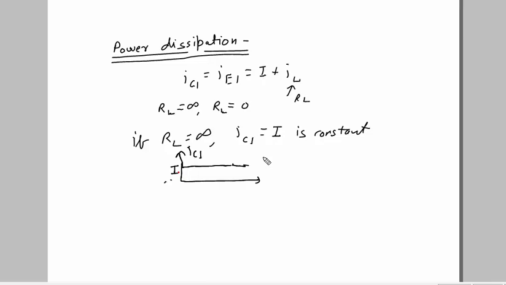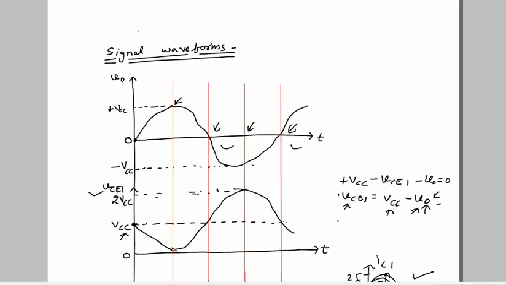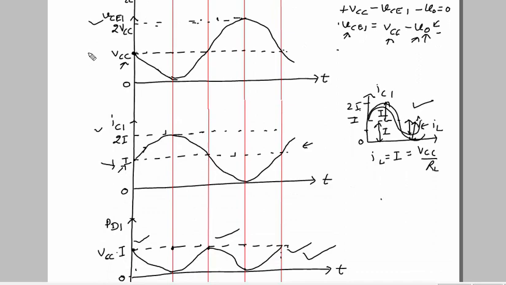If you see the diagram of VCE1, now VCE1 multiplied by IC1, and IC1 right now is only I here. So on this we multiply. So at 0, what is PD1? PD1 will be I into VCC.